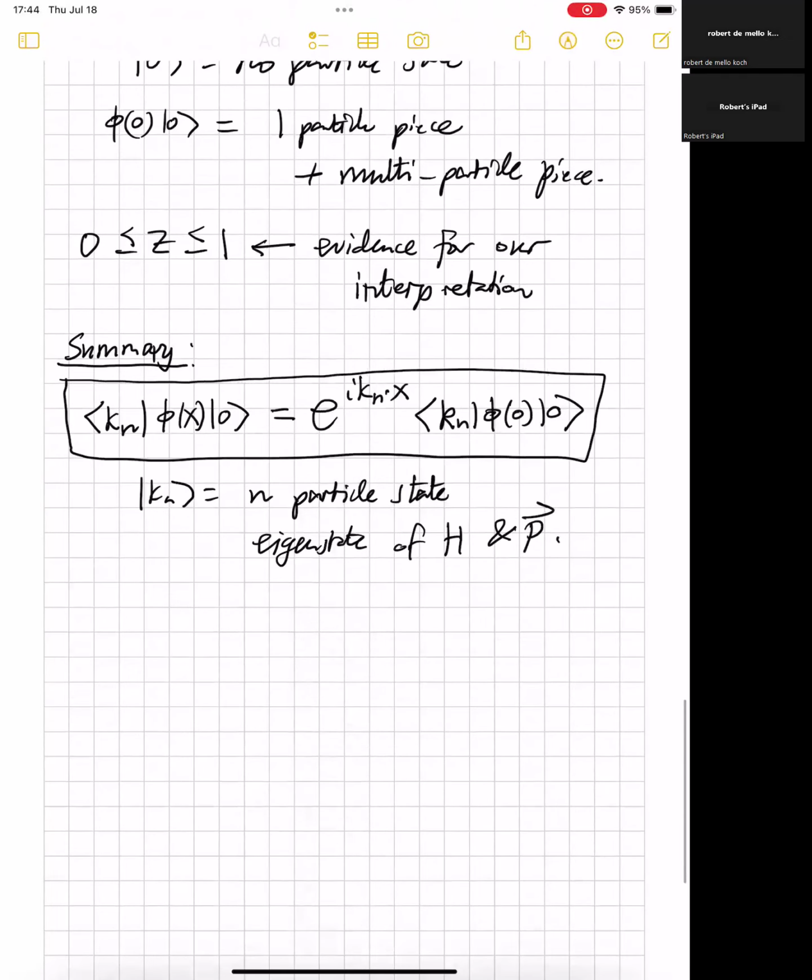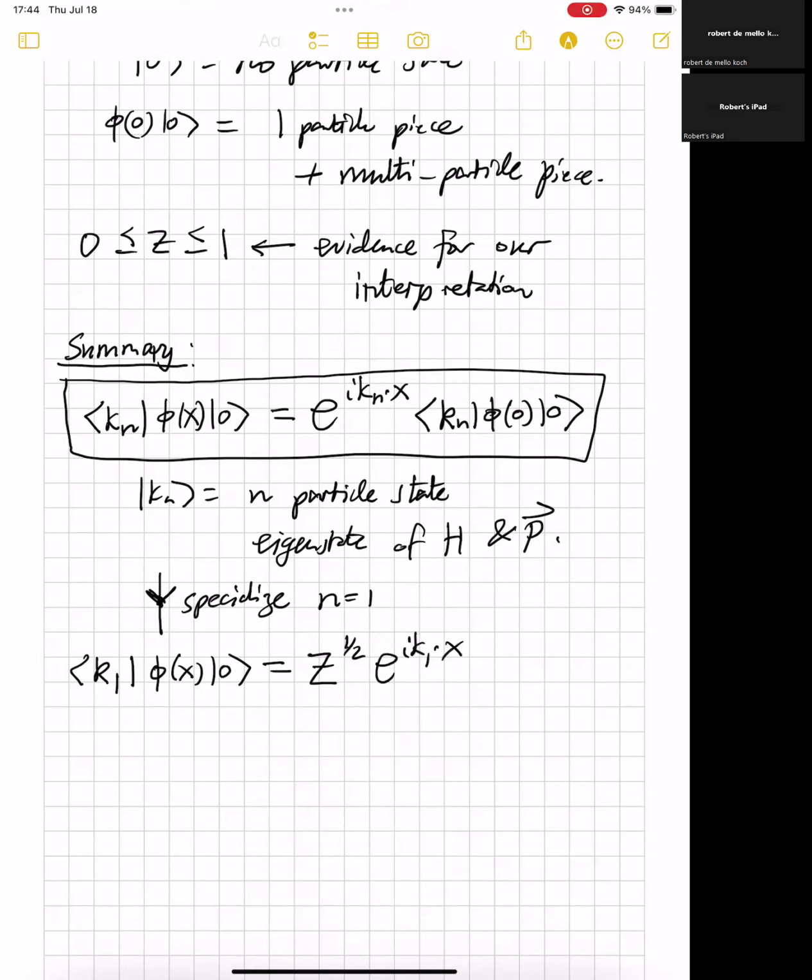Okay, then we said, so we specialized to a single particle, so n is equal to 1. And in this case, we said ⟨k_1|φ(x)|0⟩ is equal to Z^{1/2} e^{ik_1·x}.